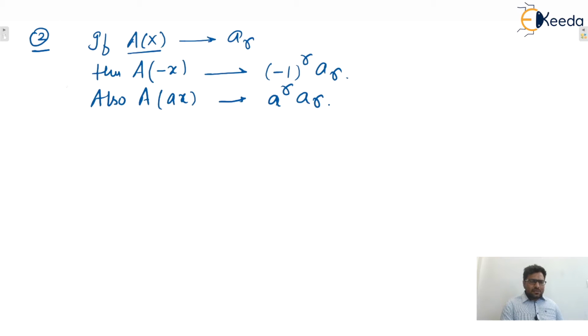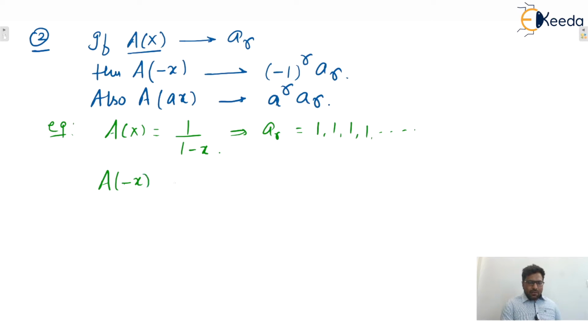So how? Let us take one example and easily you will find out why this property is so. Let's say A(x) is 1 upon 1 minus x. Now you tell me what will be the corresponding sequence. We can say 1, 1, 1, 1 and so on up to infinity. Now let's say x is multiplied with minus 1.